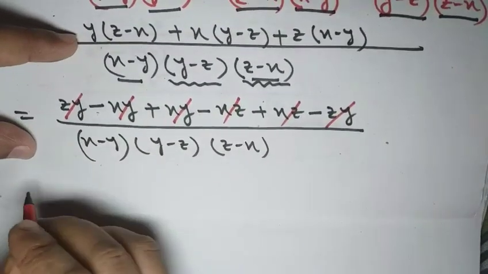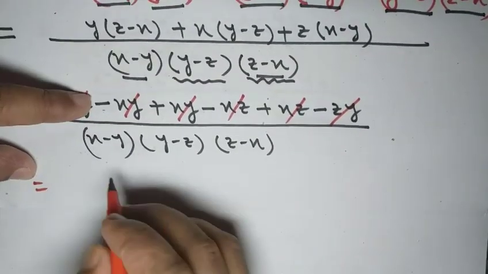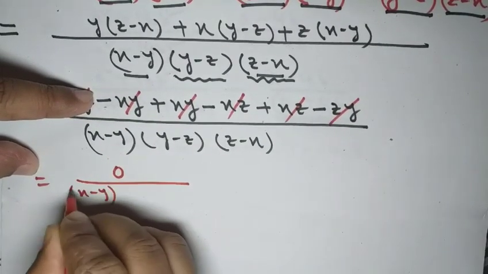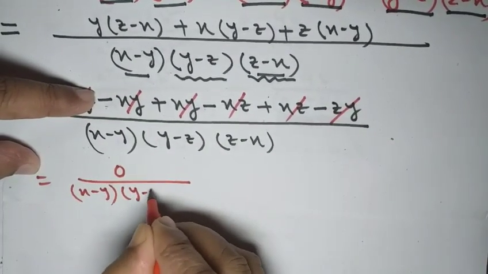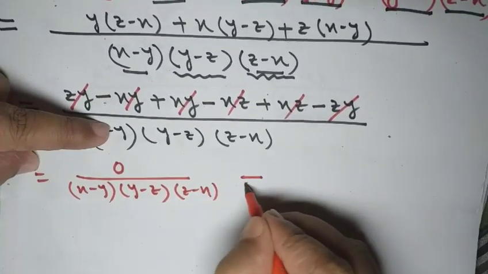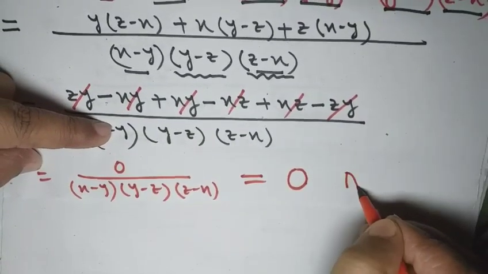So nothing is here, so we can write 0 over x minus y, y minus z and z minus x. So answer is actually 0. That is the answer of 5C.